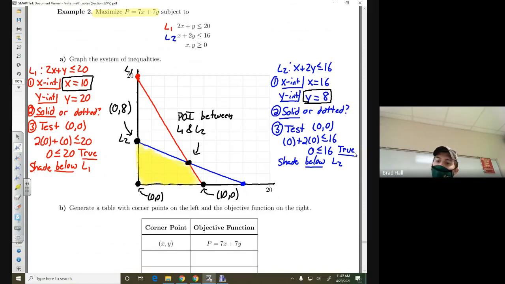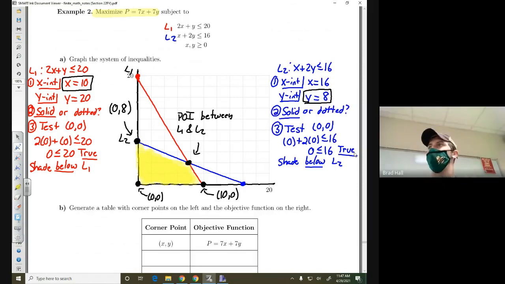So if you can't use solving the system by graphing, then what's the most efficient way to determine where two lines intersect? The most efficient way is by using augmented matrices. I recommend using augmented matrices here.